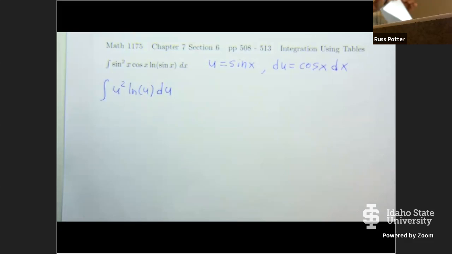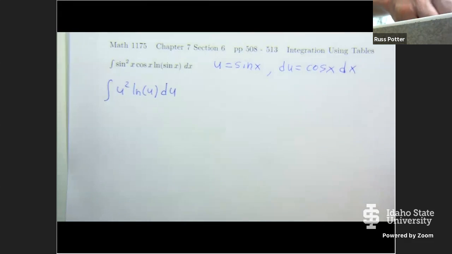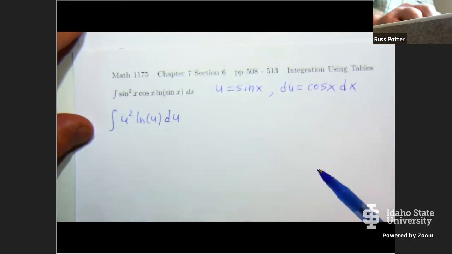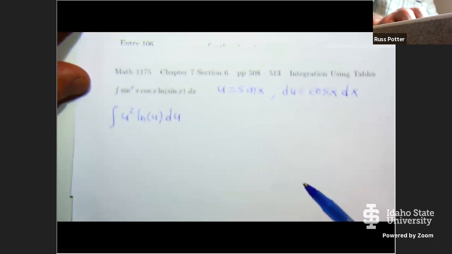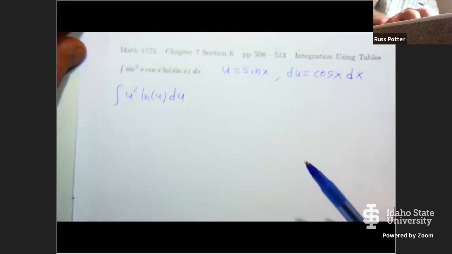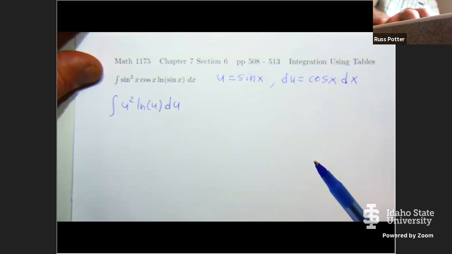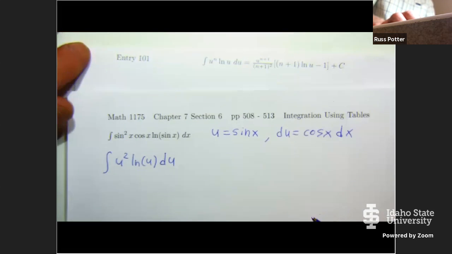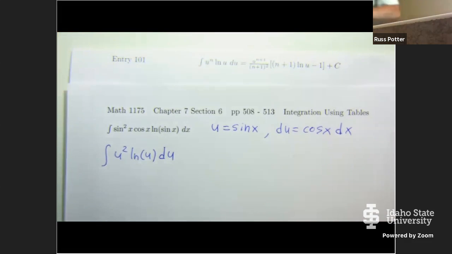I'm going to use 101. I don't have 100 in front of me, so I'm not sure which one that is, unless I made a mistake. At least that's what mine would be, 101. Okay, so we're in agreement. I see my problem. Okay, this is 101, if you can read it.